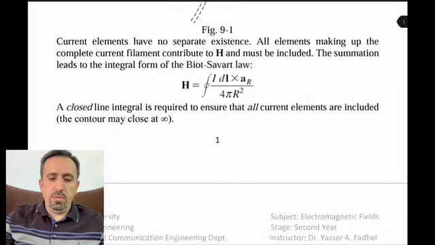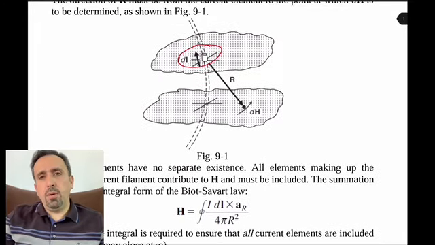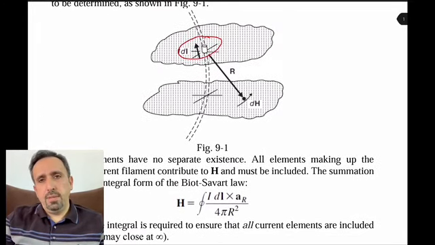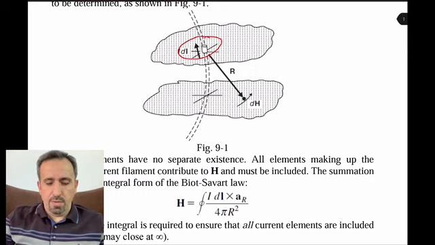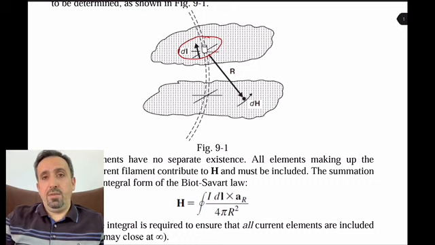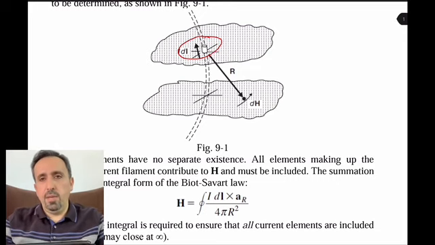Now, depending on whatever was discussed so far, the Biot-Savart law depends mainly on the calculation of the differential magnetic field, depending on differential current elements.